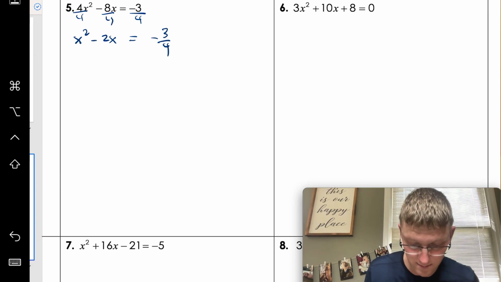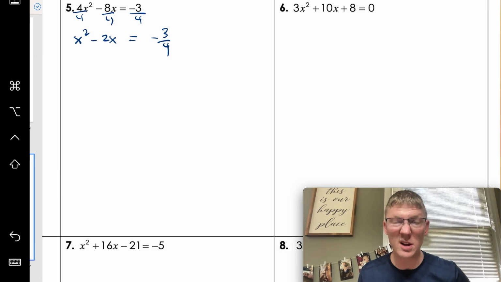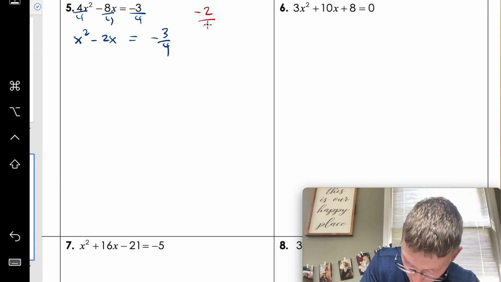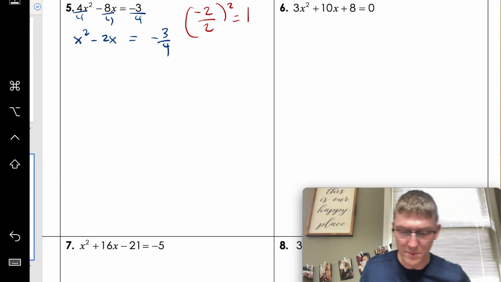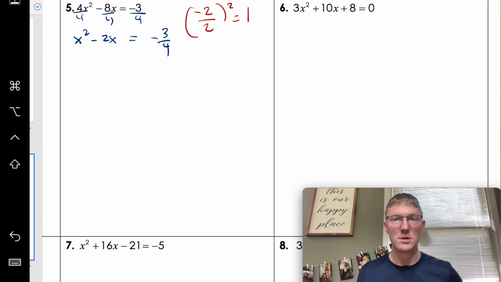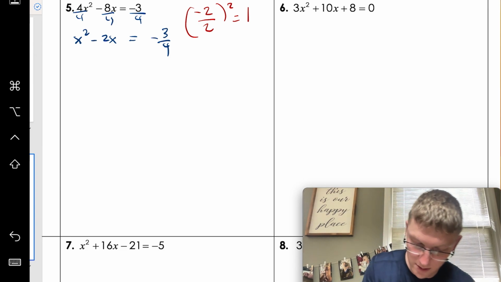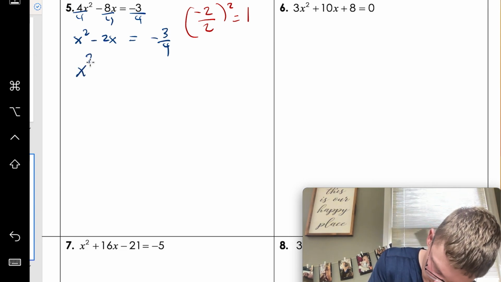Anyway, so we need to figure out what to add in order to complete the square. So we're going to take negative 2 divided by 2 and then square it, which equals 1. 2 divided by 2 is 1. Negative 1, whatever. Square it. It's positive 1. So again, 1 is easy to do math with. I like that.